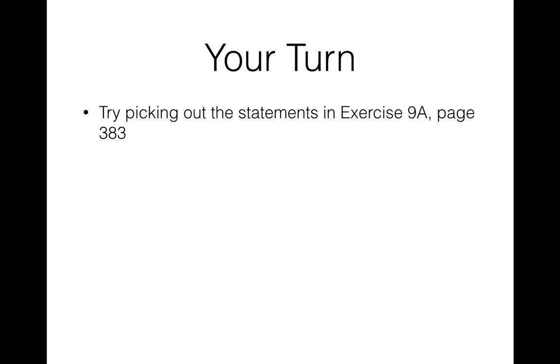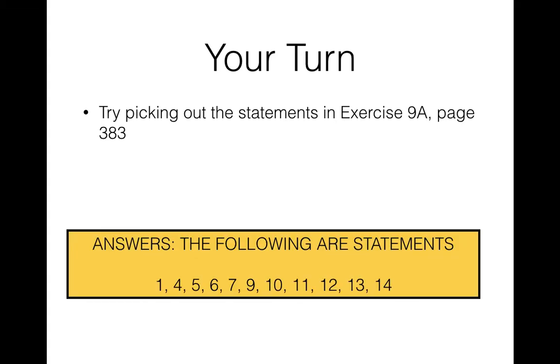So these are simple statements. So I just want you to have a quick go because this can be trickier than you think it is. Have a look at exercise 9A on page 383. Pause the video and give it a go now. Okay, so you should have finished exercise 9A by now. Just check your answers.